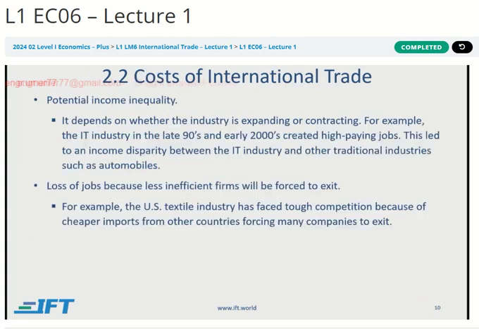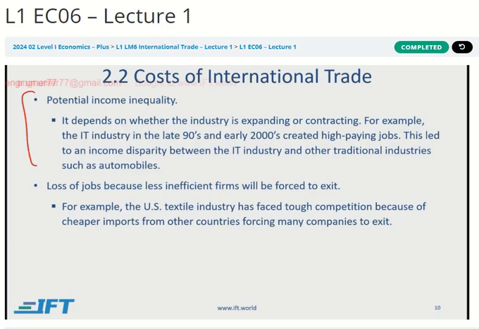Which brings us to the costs, right? So it creates certain income inequality. Maybe the people who are experts in garments will start making more money than everybody else because that's the focus of the government, and that's where all the international foreign exchange is going to start flowing in.